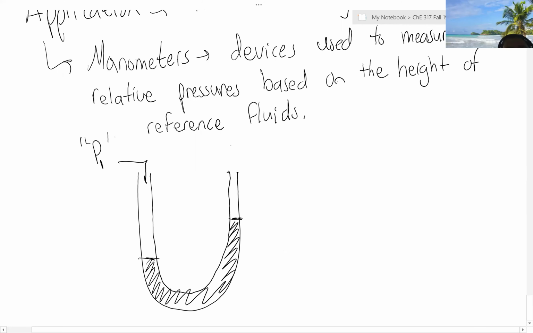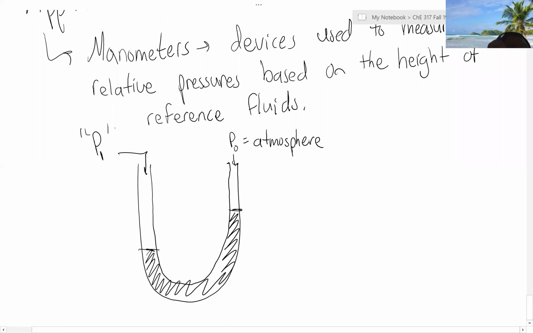And if this was open to the atmosphere, I can identify the delta P, or P1 minus P0, simply as the density of that reference fluid times gravity times the height difference between both sides of this manometer, or rho g h.